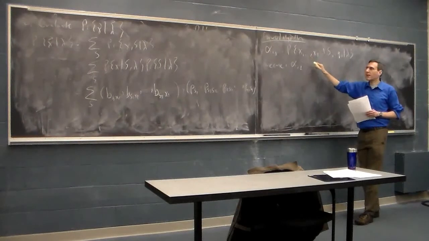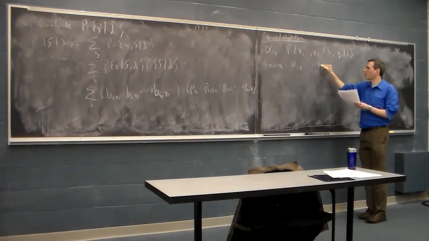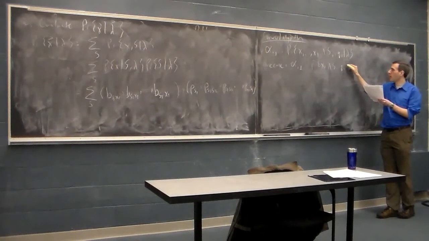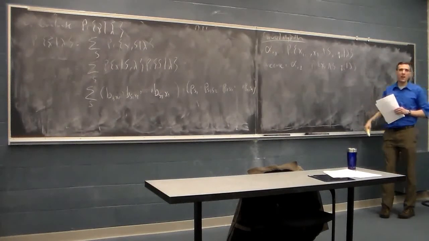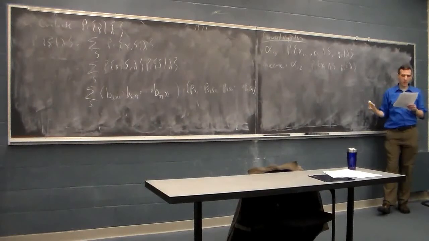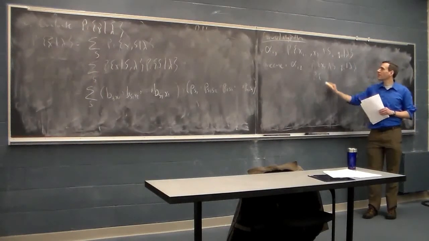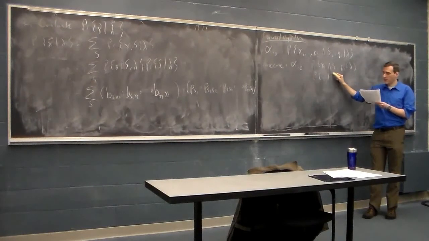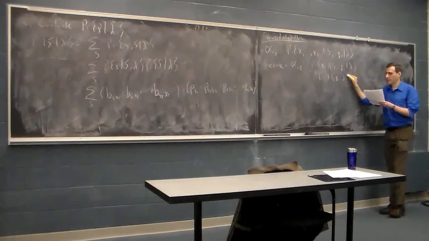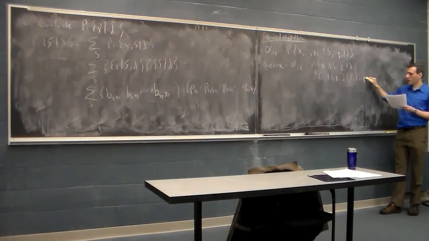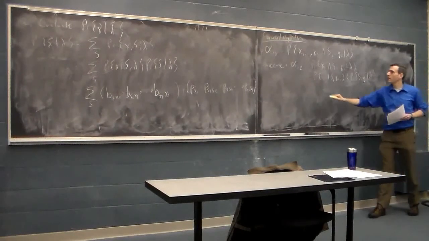Alpha i1, by our definition here, is equal to the probability of x1 and s1 being q i, given lambda. And we can figure out this probability by taking our conditional probability rules. It's the same as the probability of x1, given that s1 is q i and given lambda, times the probability that s1 is q i given lambda.